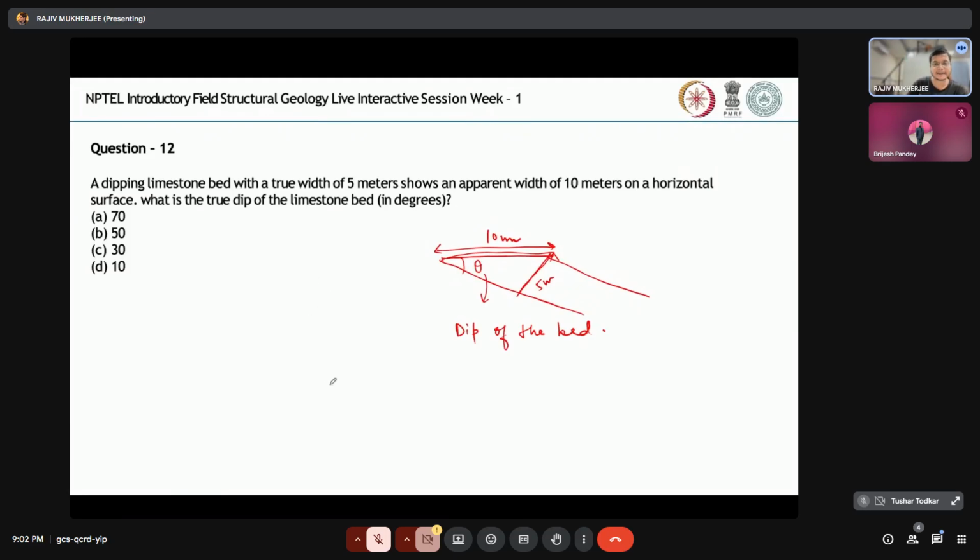It is easy that the dip of the bed can be calculated as sine theta, which is sine inverse half, that means 30 degrees. So the correct answer will be option C, dip of the bed.